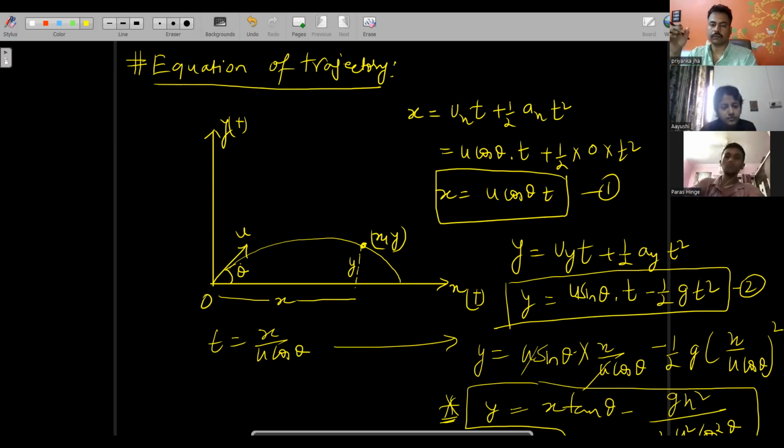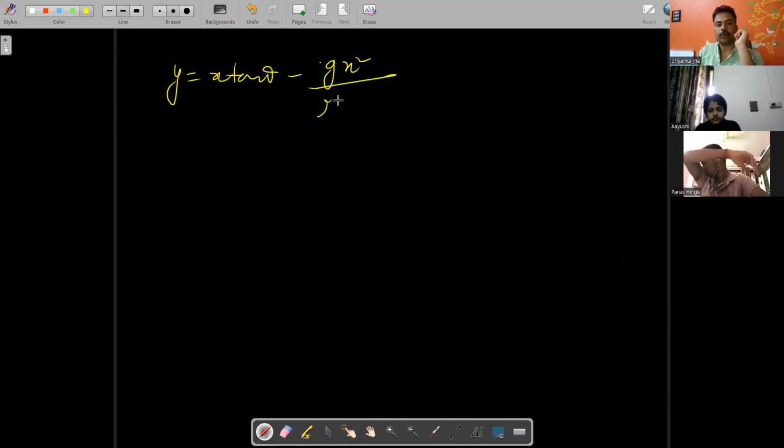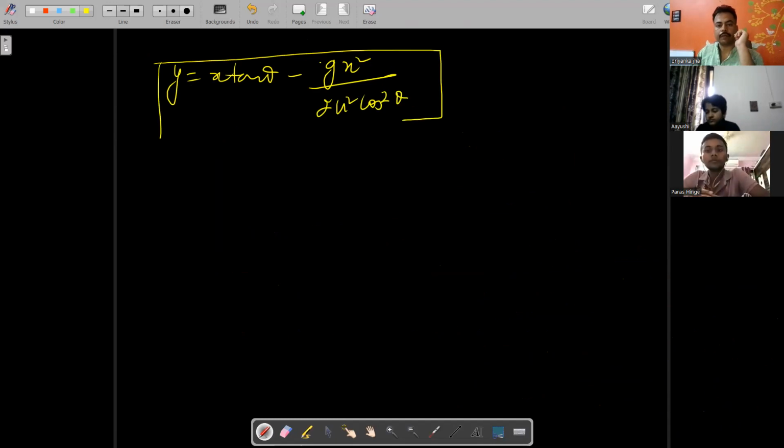Done, sir. Now see, we'll remember this formula: x tan theta minus g x square upon 2 u square cos square theta. This is the equation of trajectory.